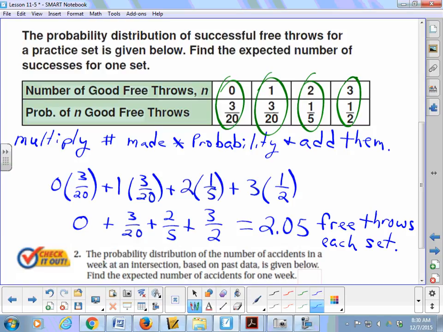So more than likely, it's probably like a set of 5. This person is just an average free throw shooter. Not great. They're only averaging 40% if that's the case.